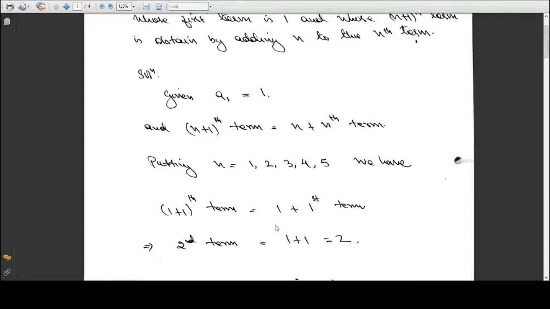The second term will be how much? 1 plus the first term. The first term here is 1. This means 1 plus 1 is 2.